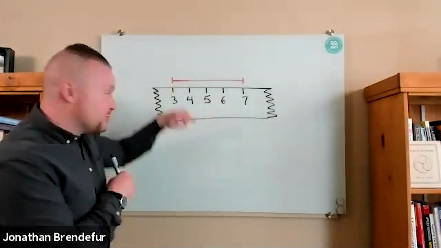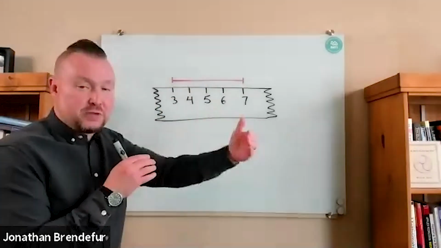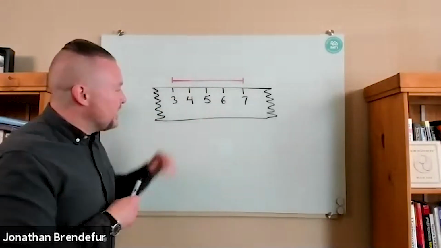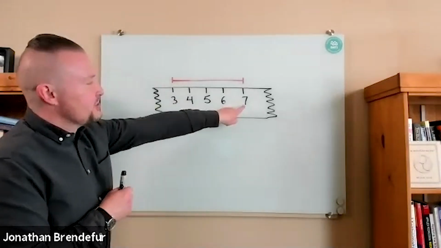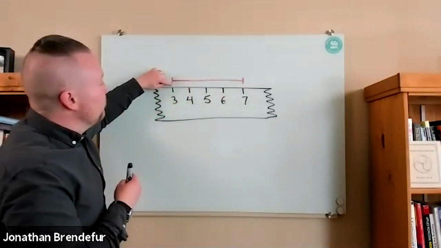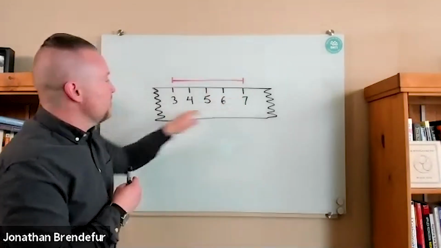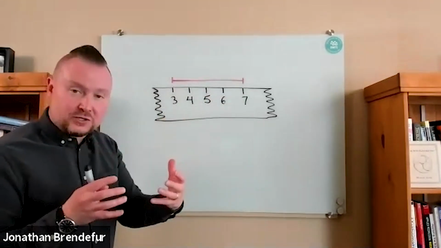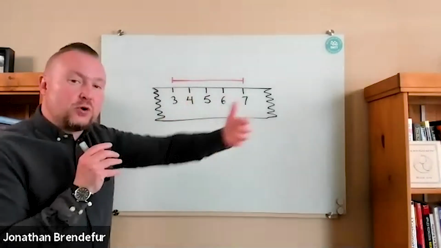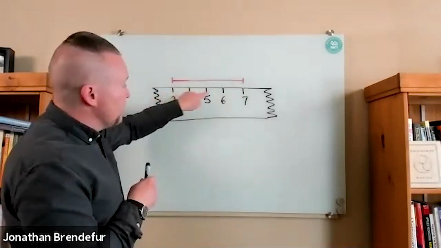You'll notice that I'm gesturing really intentionally to show that accumulation of measurement. That's a really new idea for a lot of kids. The idea that 7 is where we're ending, but because we're starting at 3, we're literally accumulating a distance between those numbers. Those numbers are not just distinct locations. They're part of this ongoing measurement, the accumulation of those units. So that's one way to help with that.